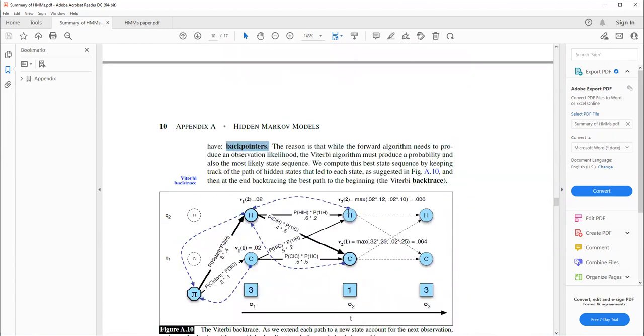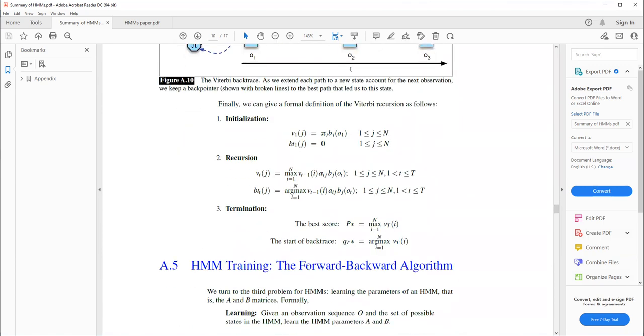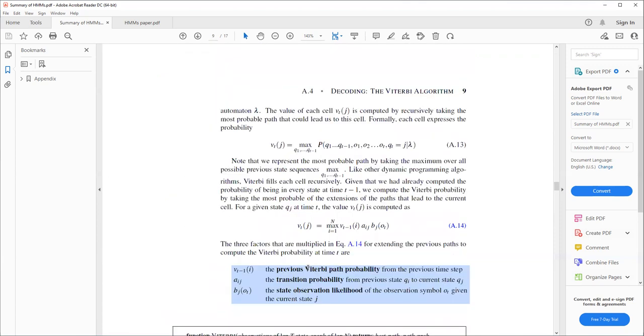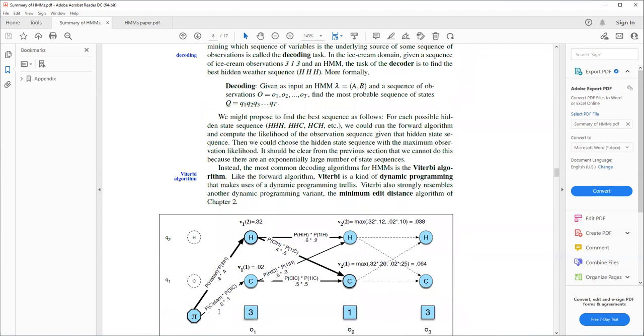So whenever you calculate this, remember to add the backtracking arrow or the back pointer for your traceback. The traceback will always start from the end and go back to the start. However, once you reach the start, you need to reverse the order which you get from the backtracking. That is the final step. Okay, so I hope you understand the algorithms and the different ways to calculate them.